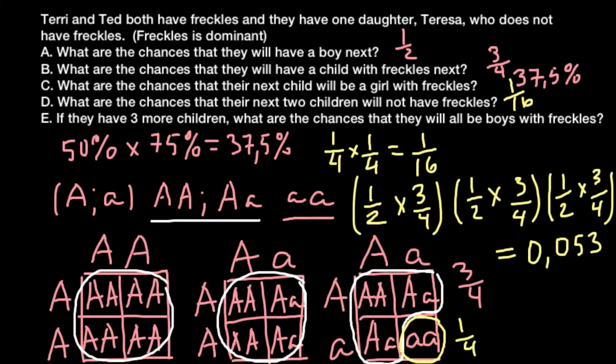The final answer in percentage form would be 5.3%. This is the probability of the event when we have 3 boys and all of them with freckles. And the fact that the first child is a girl without freckles doesn't affect our calculations.